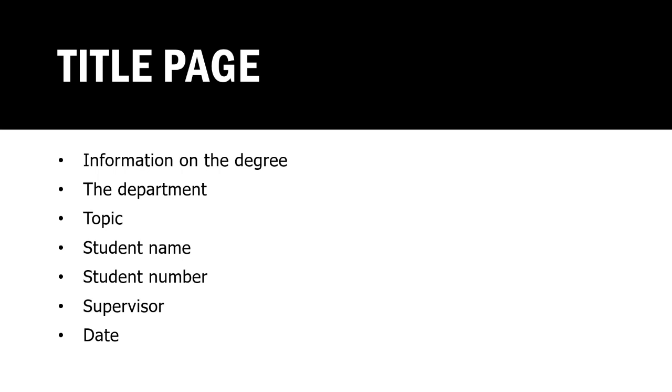You will see if you go to the UNISA library, or if you get hold of your departmental guidelines, there's a specific format for your title page. So very often it starts with a student name and student number, and then the title, and then the degree, the department, the supervisor, and the date. So it might be in different orders, but this is the essential information that will be on your title page.